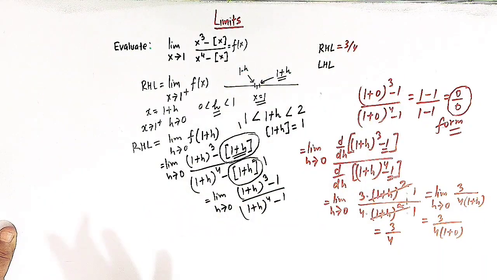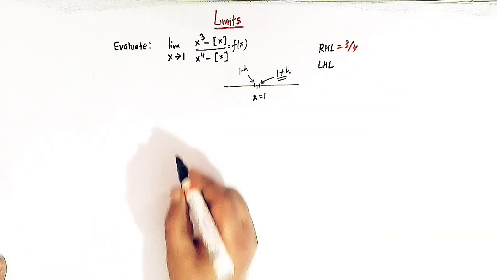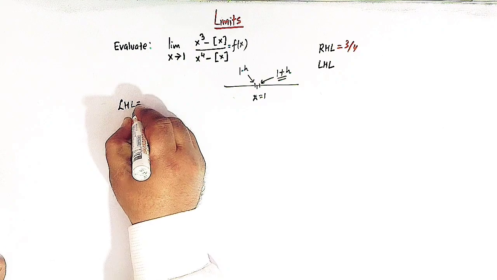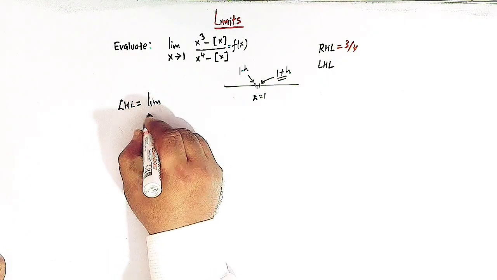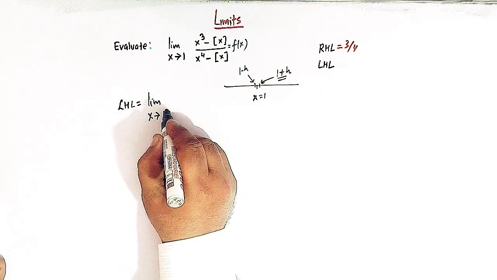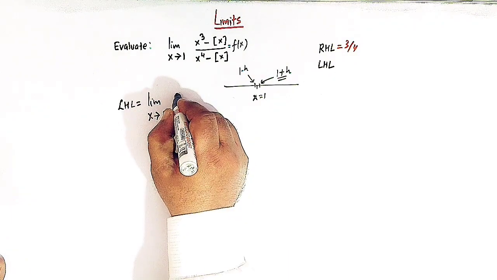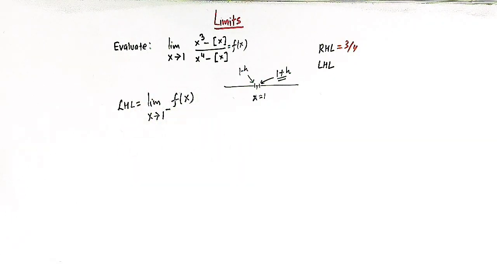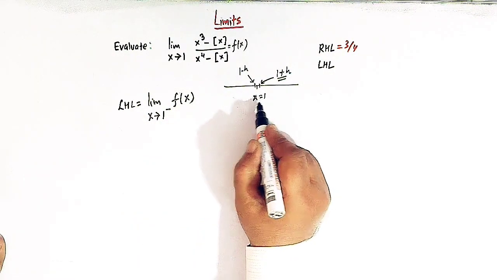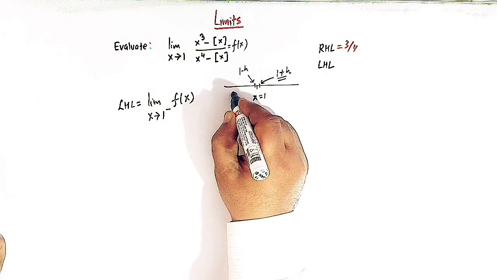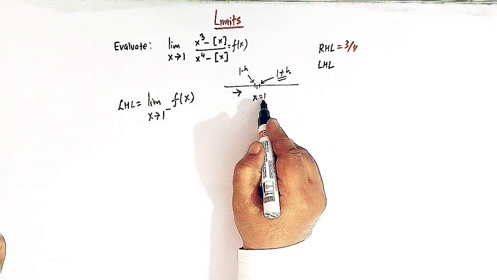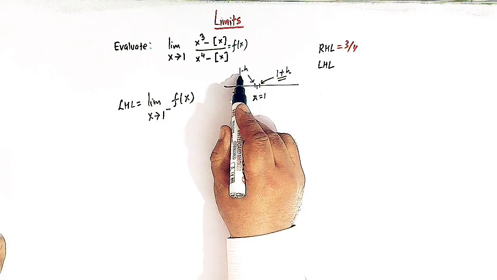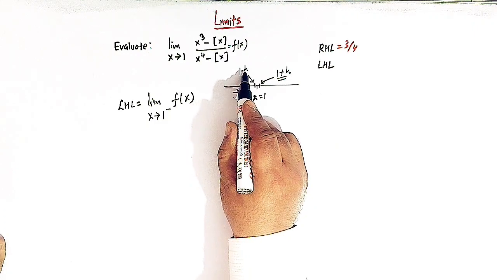So let us find out the left hand limit. The notation for the left hand limit is limit x tends to 1, and here we put a negative sign, and we have f of x. Now when x approaches 1 from the left side of 1, then we come close to this point, that is 1 minus h.